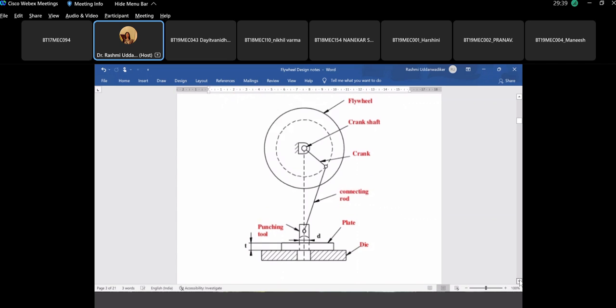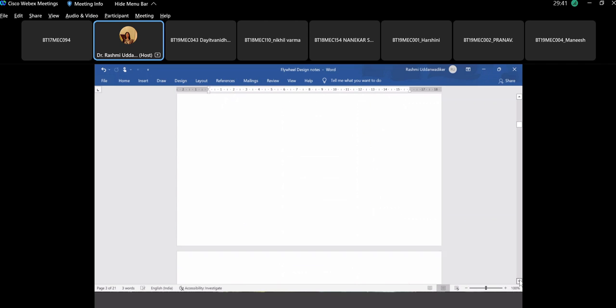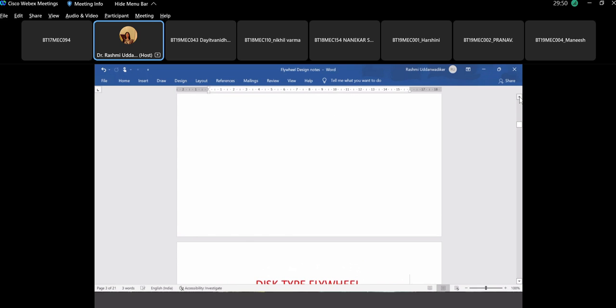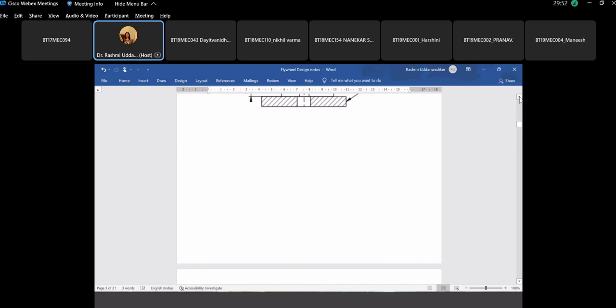So this is the basics of flywheel. We'll see how do we get the formula for energy stored in the flywheel.